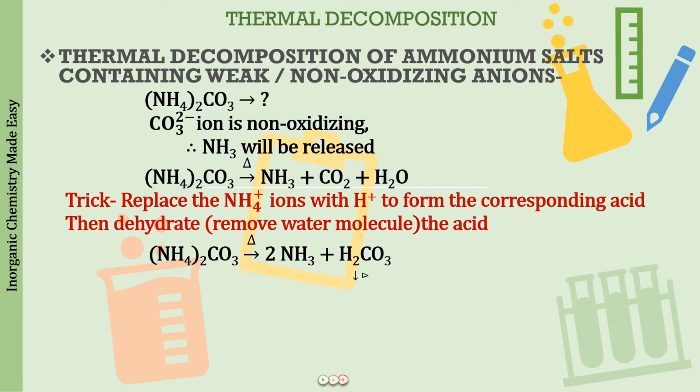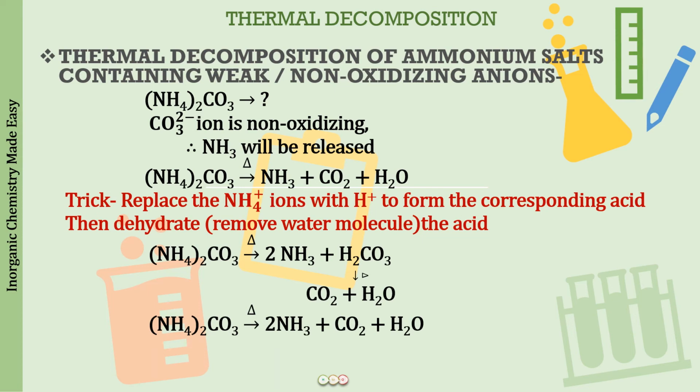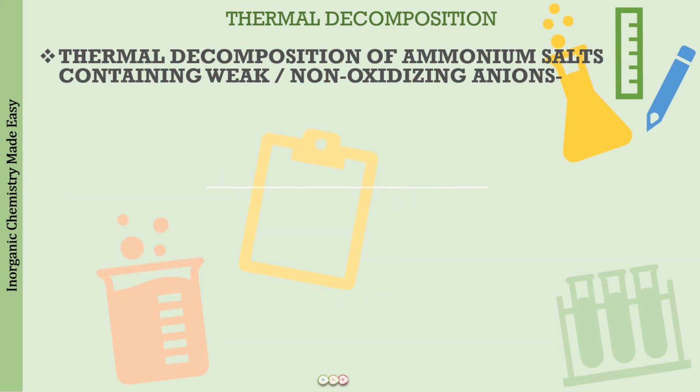So when you heat H2CO3, 2 hydrogens means 1 water molecule goes out, and what will be remaining behind is carbon dioxide. So these are the products formed on the thermal decomposition of ammonium carbonate: ammonia, carbon dioxide and water.